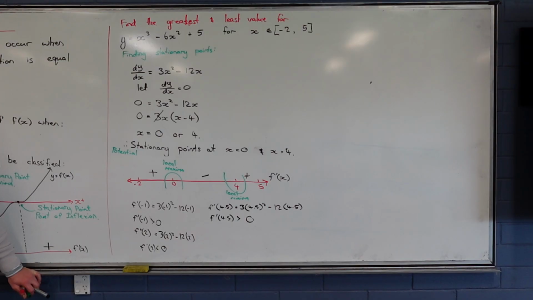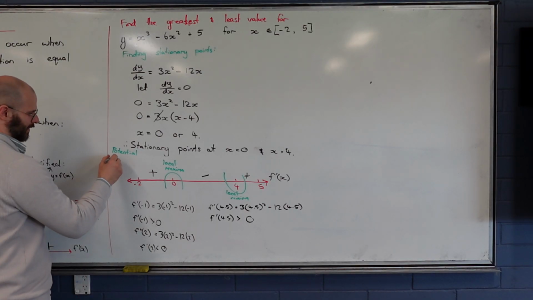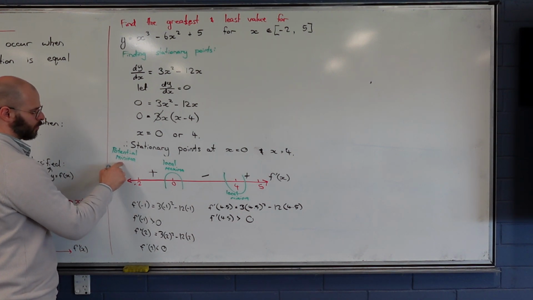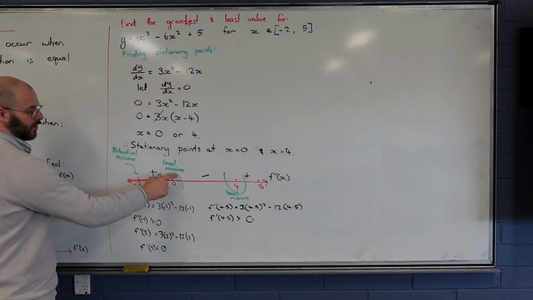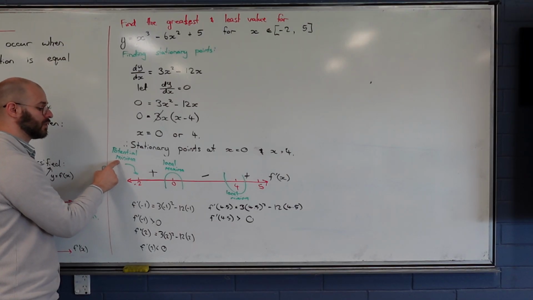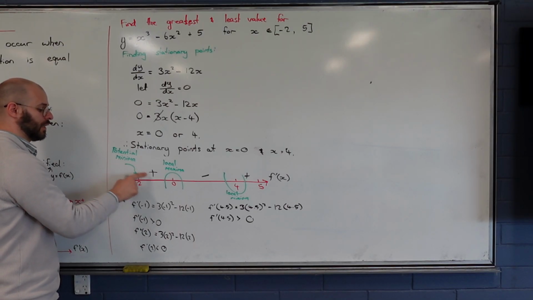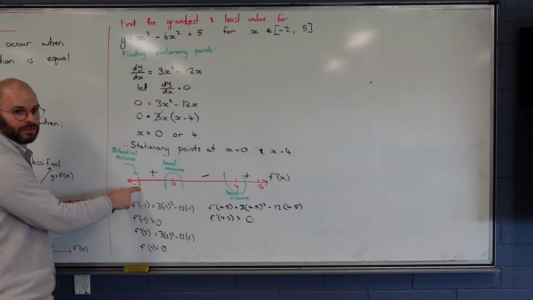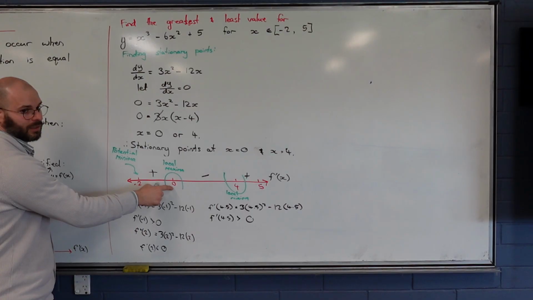Why minima? Because in order for it to be positive, it needs to be coming from the negative. It's a potential minima because it's increasing and it's going to hit a local maxima here. If we thought it could have been a maxima, it would always be smaller than this one.